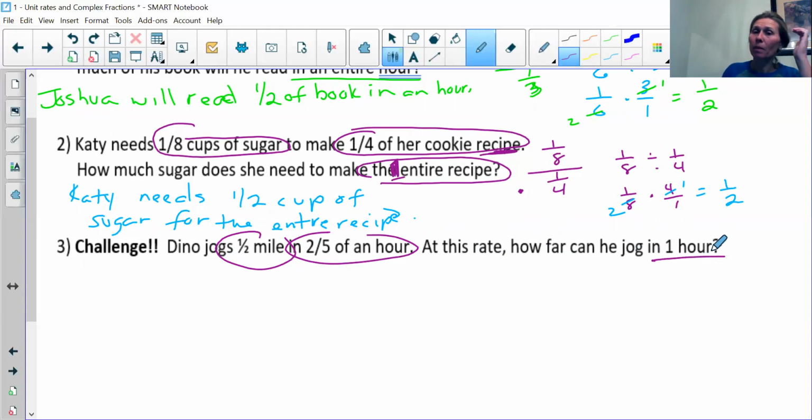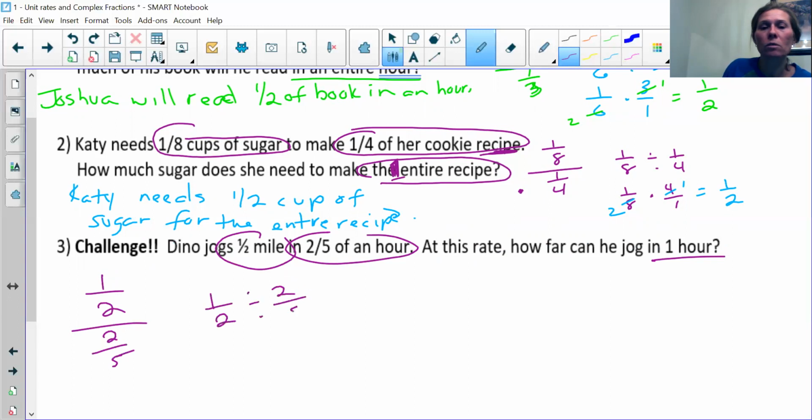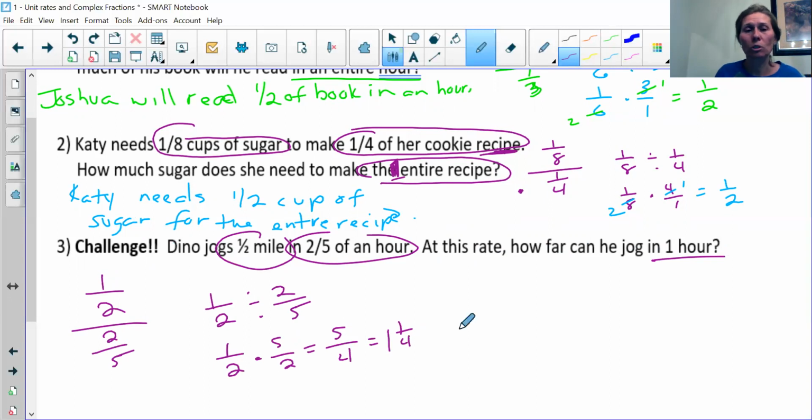Who goes on the bottom? The hours. 2/5 has to go on the bottom. So I have 1/2 divided by 2/5. So 1/2 divided by 2/5 gives me 1/2 times 5/2, which gives me 5/4, which is the same thing as 1 1/4. All right, so what is the question?